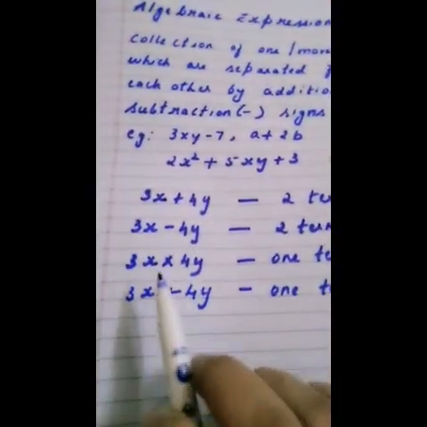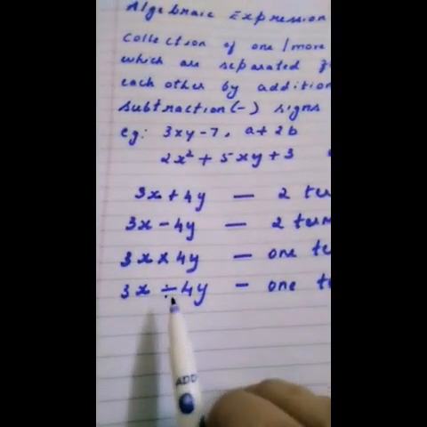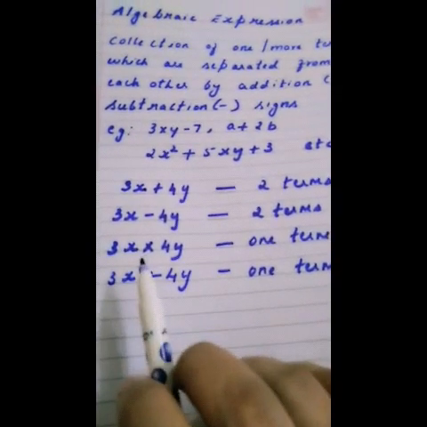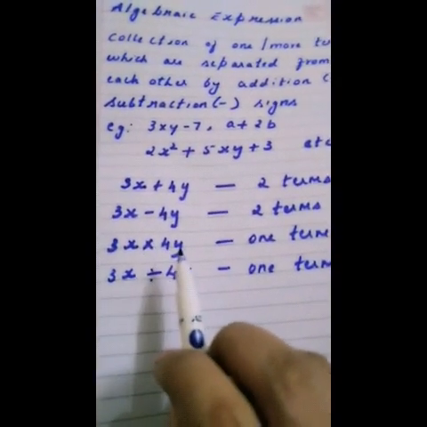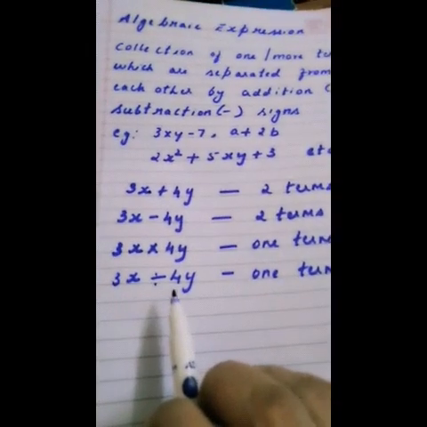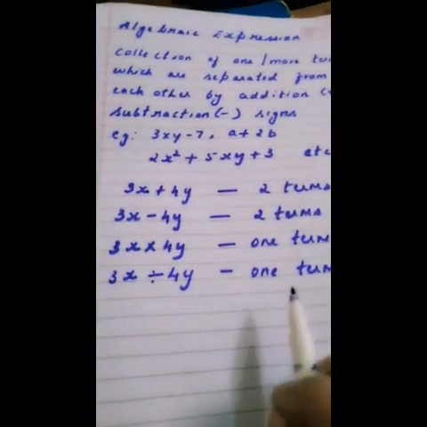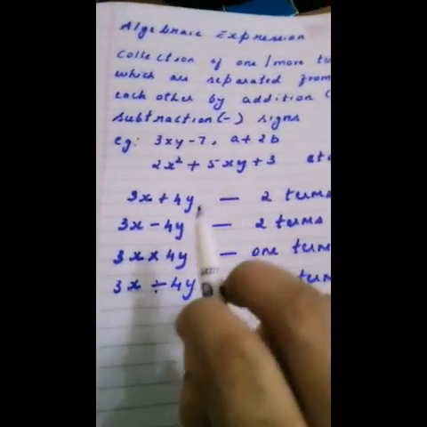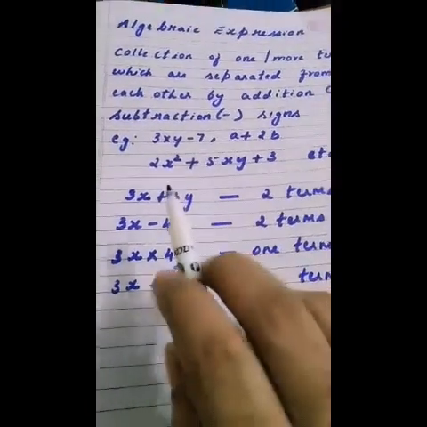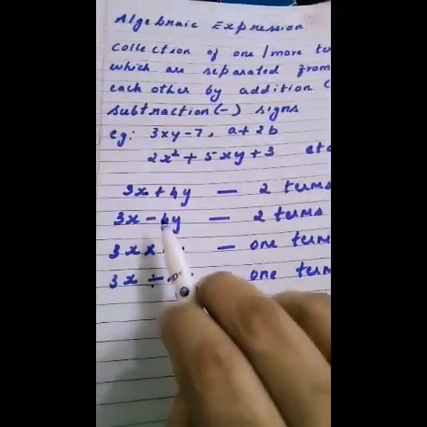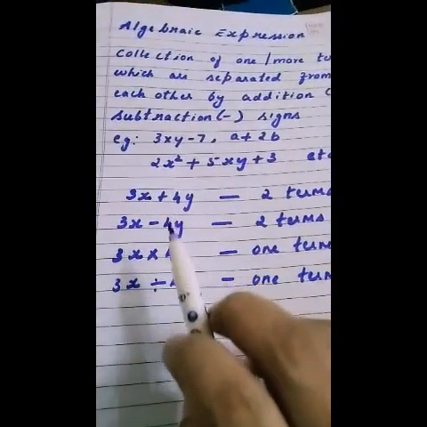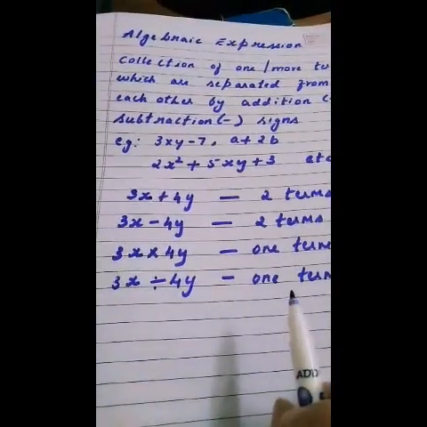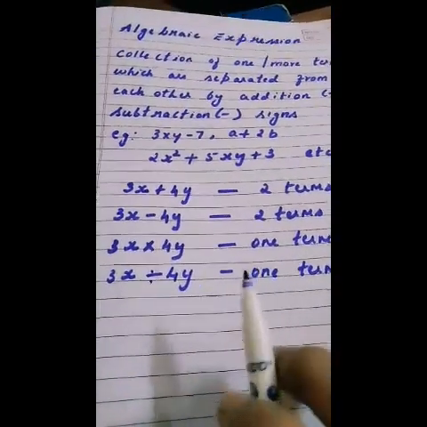Whereas the multiplication and division signs do not separate the terms. So I cannot say 3x into 4y and 3x divided by 4y are two separate terms. They are just one term. They are considered two terms only if they are separated by plus or minus signs. If they are multiplied or divided, it has to be one term.